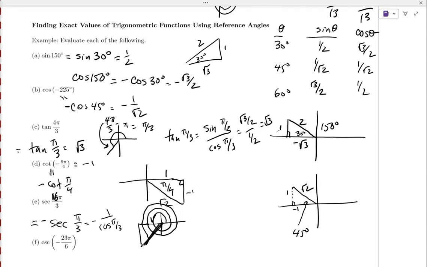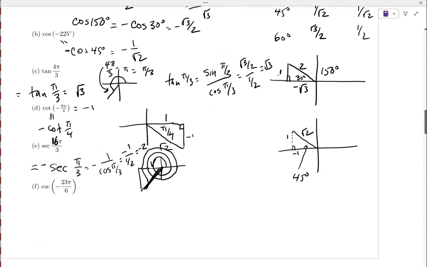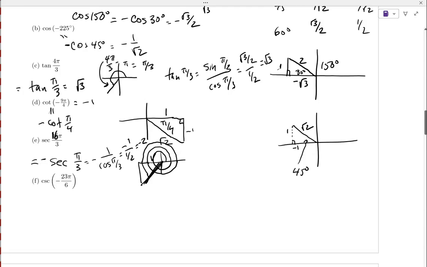So this will be negative 1 over 1/2, which simplifies to negative 2. I apologize for the typo to start with. I wouldn't try to be tricky like that and make you do a weird reference angle and have to simplify it. I wouldn't do that to you for figuring out these exact values right now.